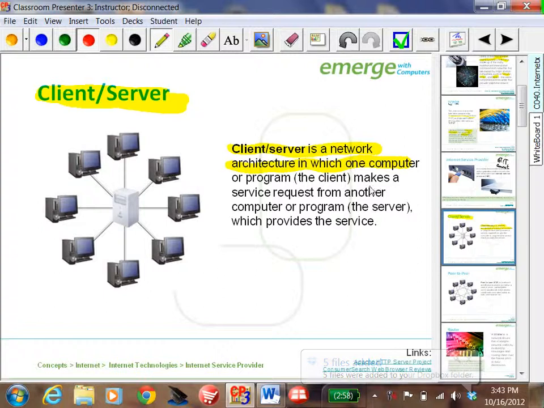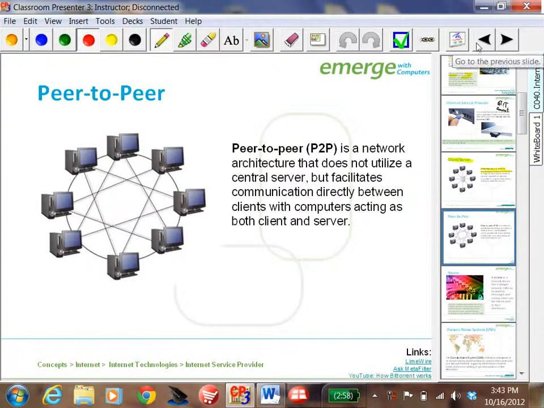So the client makes a service request, and the server provides the service. Peer-to-peer networks don't use the central server.